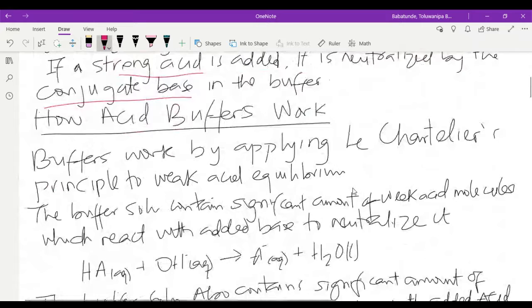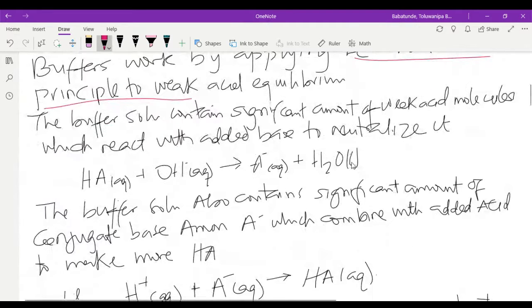So how do acid buffers work? They work by applying Le Chatelier's principle for the weak acid equilibrium. The buffer solution contains a significant amount of weak acid molecules, which react with the added base to neutralize it. This is a weak acid, and it reacts with the added base to neutralize it, forming water.